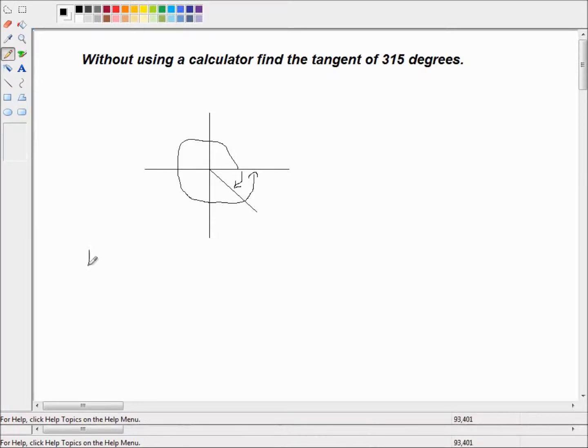So we know that the tangent of 315 degrees is equal to the sine of 315 degrees divided by the cosine of 315 degrees.